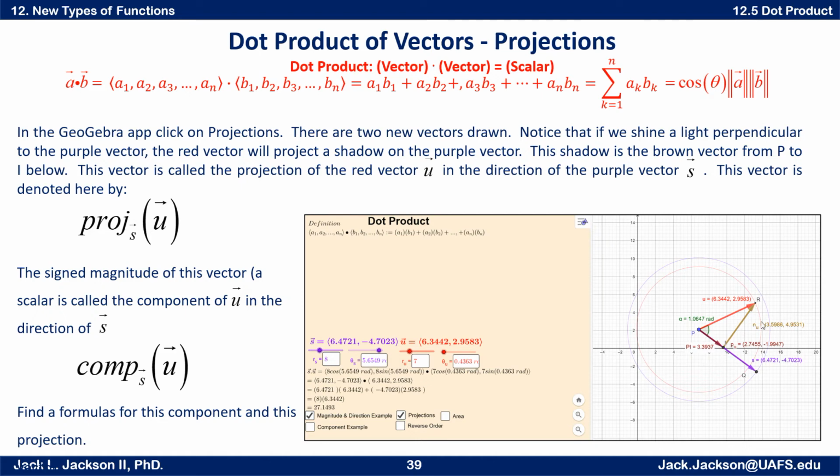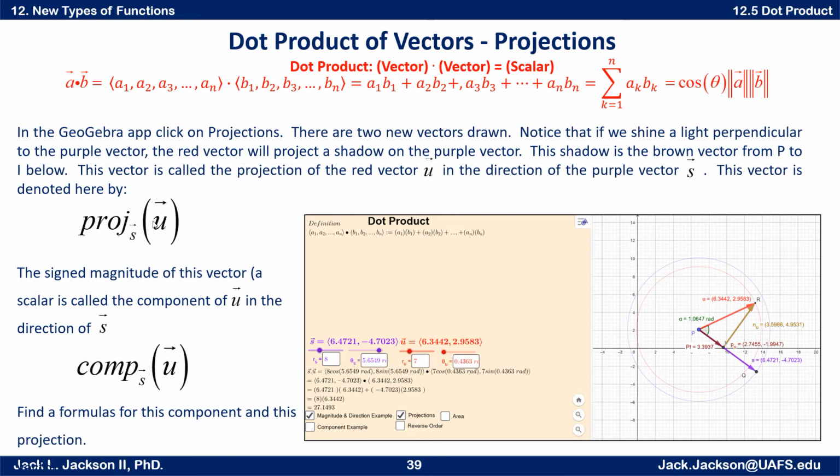So we can think of this as shining a light that's going perpendicular to this purple vector, and the red vector then casts a shadow. The shadow gives us this brown vector right here. That's called the projection of the red vector onto the purple vector. So it's the projection of, well, the red one's U and the purple one's S. So it's the projection of U in the direction of S.